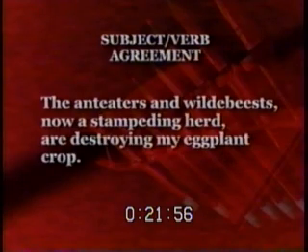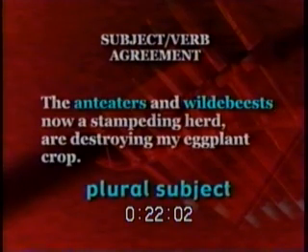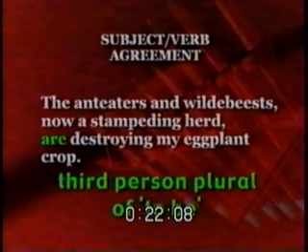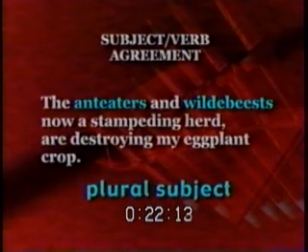Here's our new sentence. "The anteaters and wildebeests, now a stampeding herd, are destroying my eggplant crop." Now our subject is the plural anteaters and wildebeests, and our appositive is the singular herd. Notice how we had to change the verb "is" to its plural form "are" to accommodate the new plural subject, the anteaters and wildebeests. Tricky, tricky.